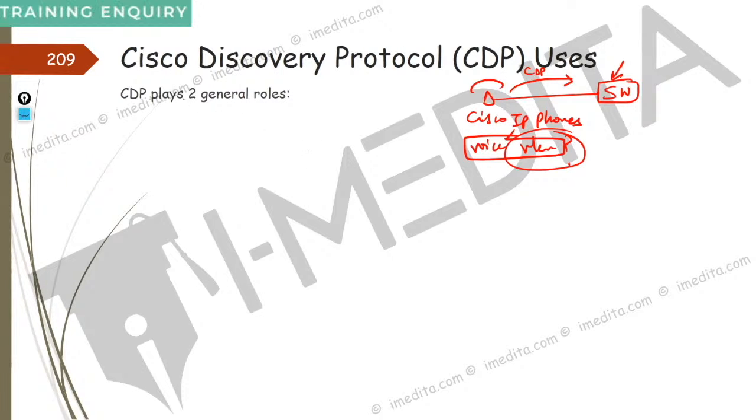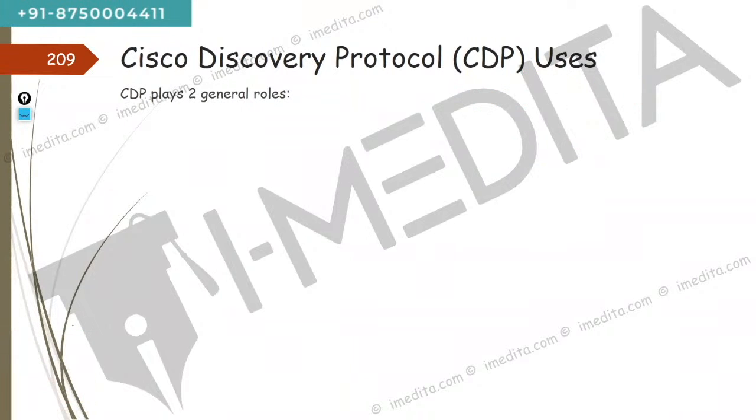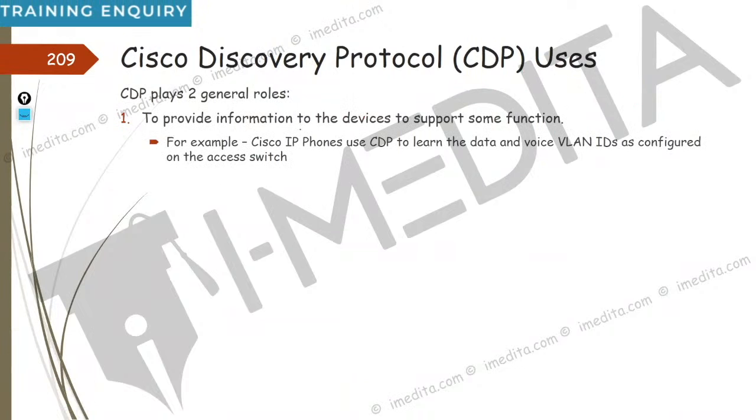So the first function that I'm telling you is the Cisco IP phone asking for voice VLAN information and the switch supplying this voice VLAN information to the IP phone. So this is the first function, to provide information to the devices to support some function. So IP phones use CDP to learn data and voice VLAN IDs.